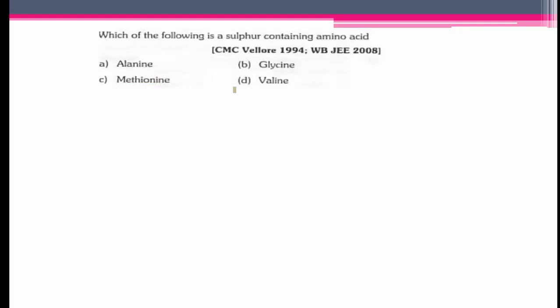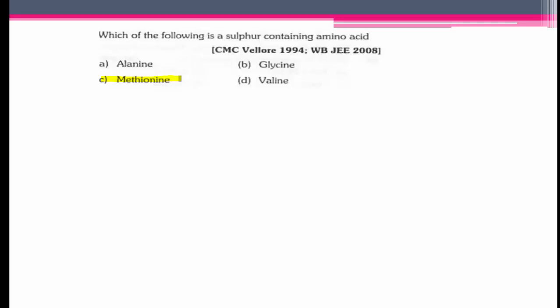Next, which of the following is a sulfur containing amino acid? The answer is methionine. Apart from methionine, cysteine also has sulfur in its structure. So this is the last question for molecular basis of inheritance. I hope it is clear.